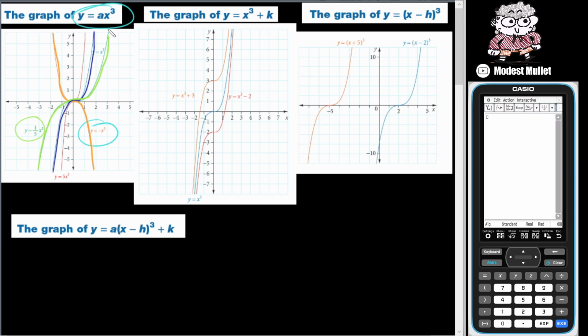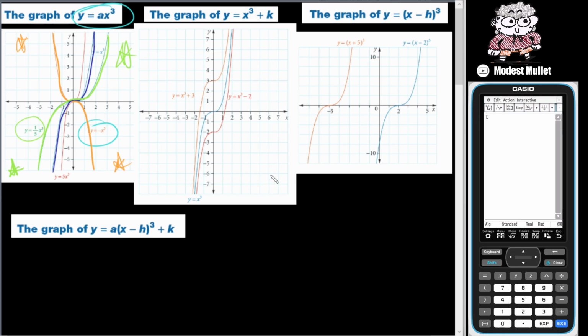You could either think of it as dilating horizontally along the x-axis, or you could consider that you can get a similar shape by dilating vertically. But if a is positive, it starts in the bottom left quadrant going up, or if a is negative, then it starts at positive values of y going down to negative values of y.